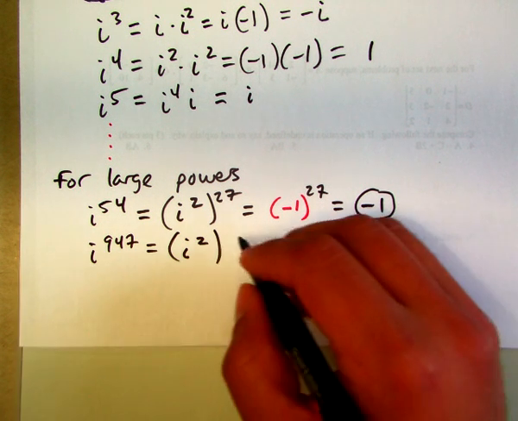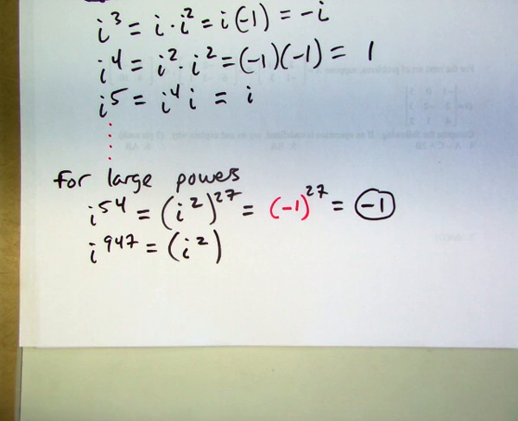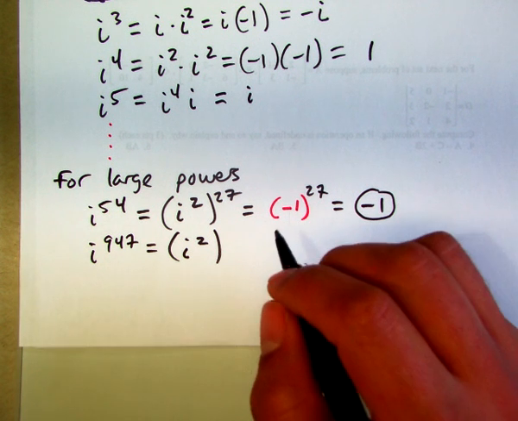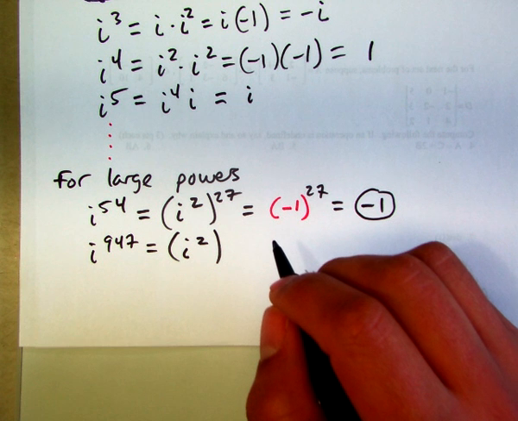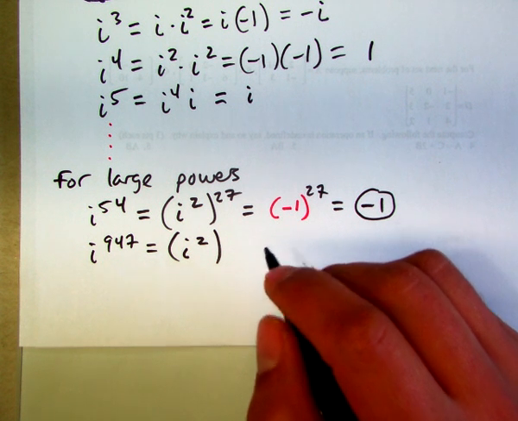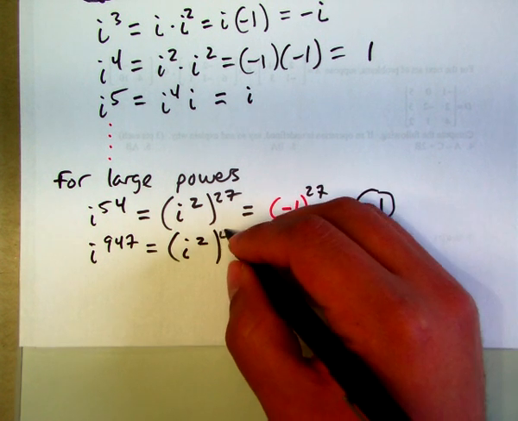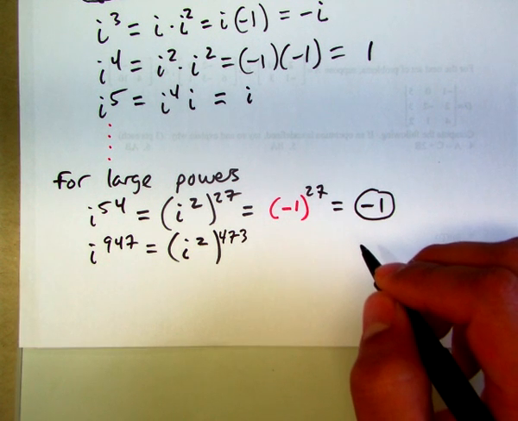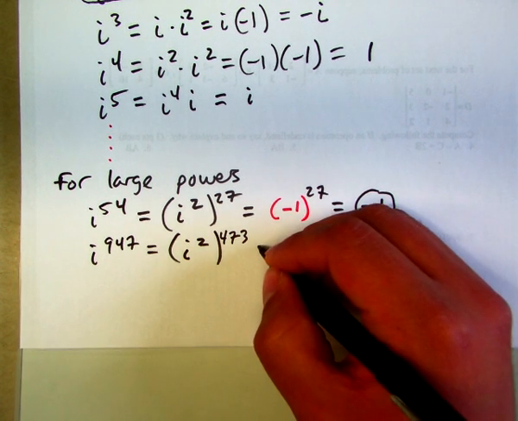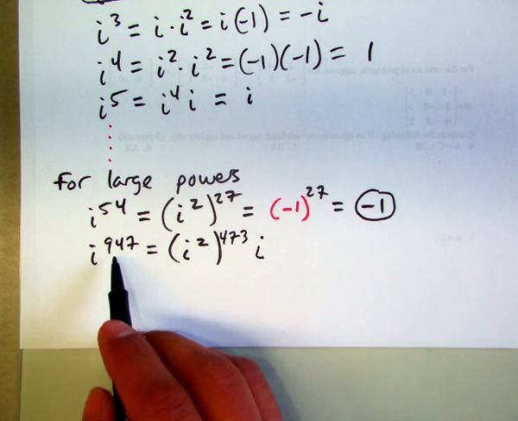I agree. What would that be? 473 times. 473? Yep. That gets us to 946, right? Yes. But we still have an extra i because we need to make this equal 947.